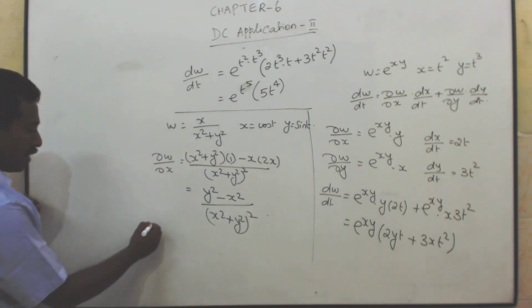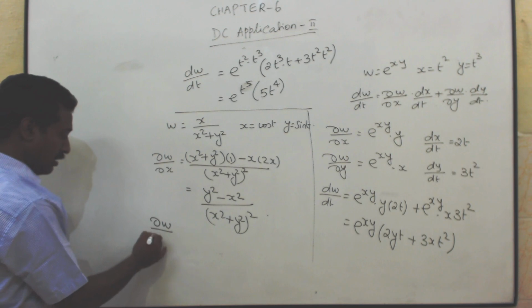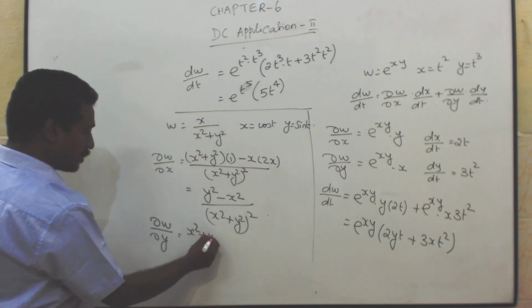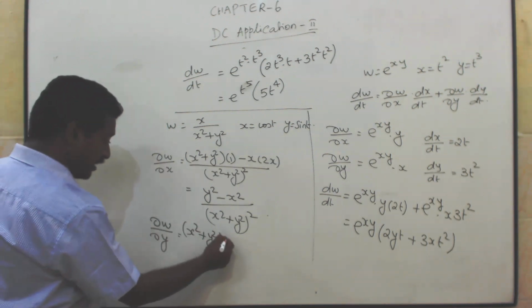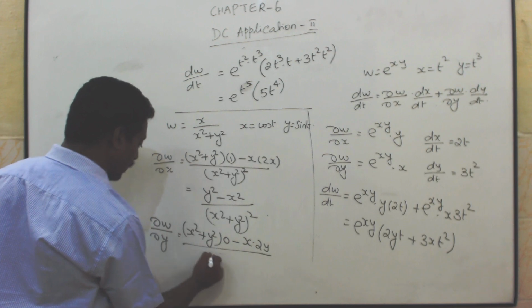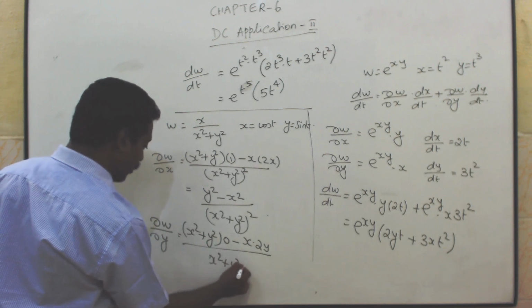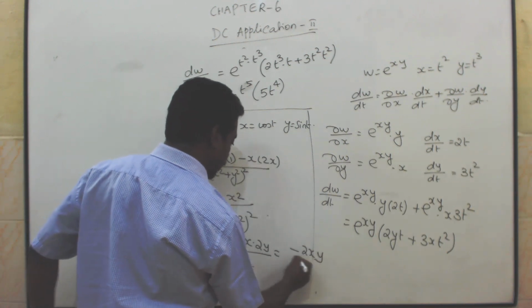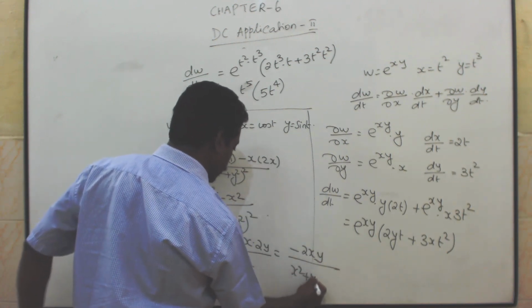The second part, dou w by dou y, same way, using u by v, x square plus y square, there is no y, 0, minus x, differentiation of y square is 2y by x square plus y square of whole square. That equal to minus 2xy divided by x square plus y square of whole square.